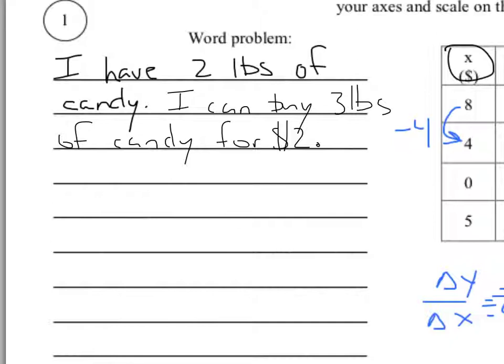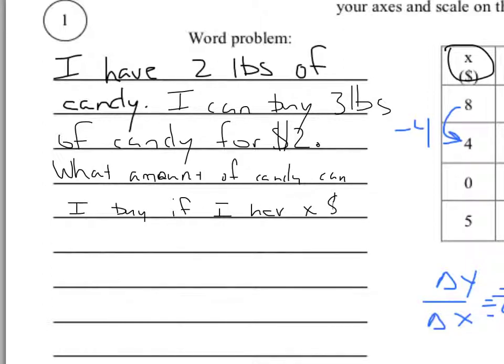And the last sentence is always going to be also kind of its own little formula. What amount of candy, or how many pounds, this is thinking about what are the units of my y, what amount of candy can I buy if I have X dollars?